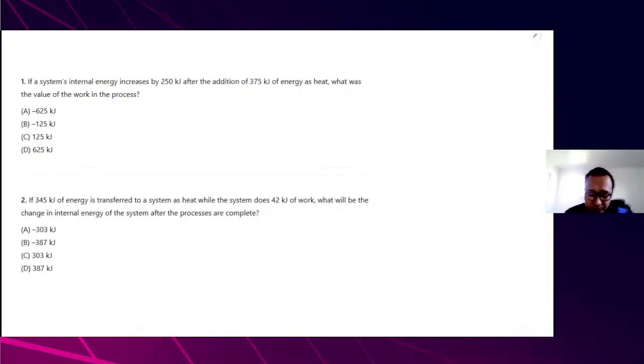All right, the question is: if a system's internal energy increased by 250 kilojoule after the addition of 375 kilojoule of energy as heat, what was the value of the work in the process? Remember the key concept of this type of question: delta E is 250 kilojoule, an increase, and the heat is 375 kilojoule.